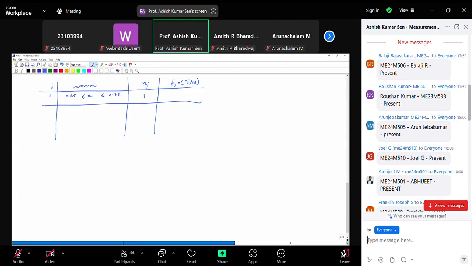And I have 20 data points, so the frequency will be 1 by 20, which is 0.05.